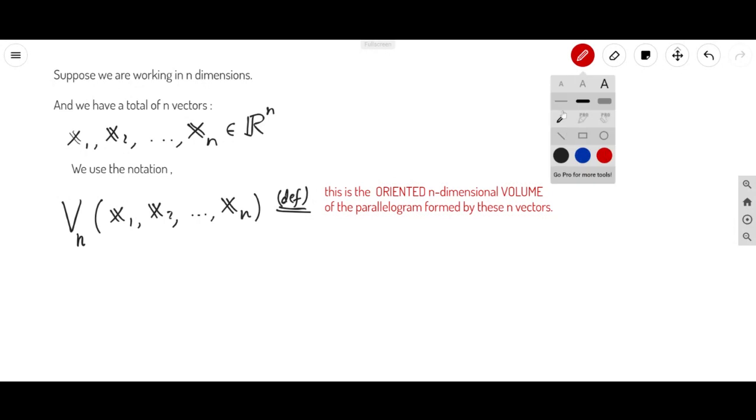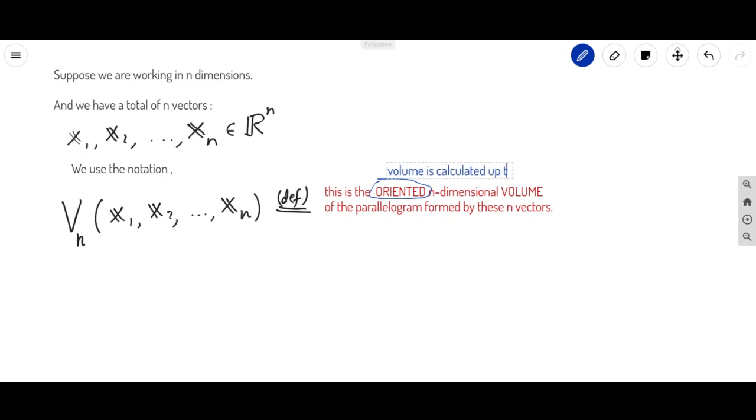So when we say the word oriented, that means volume is calculated up to a plus or minus sign, which is a little bit strange. Usually when you talk about volume, you're always talking about a positive number. But here, it will be helpful to work with oriented volume instead.